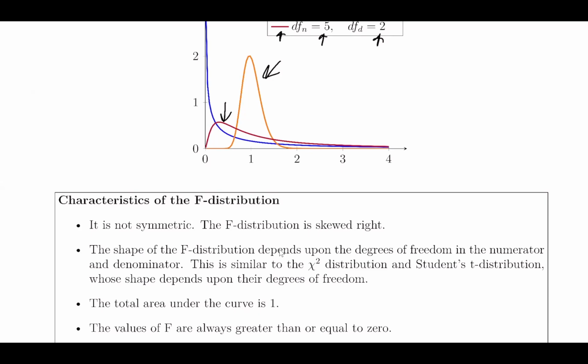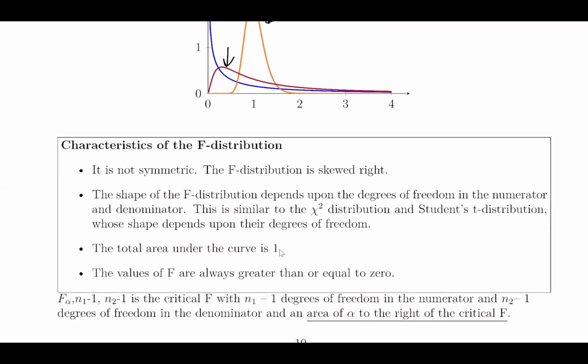Third bullet point, the total area under the curve is 1, and the values of F are always greater than or equal to 0. So it should always start off at 0 and keep going to infinity. Those are some key characteristics of the F distribution.